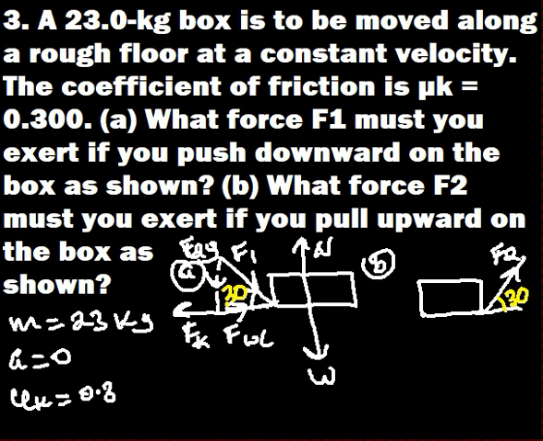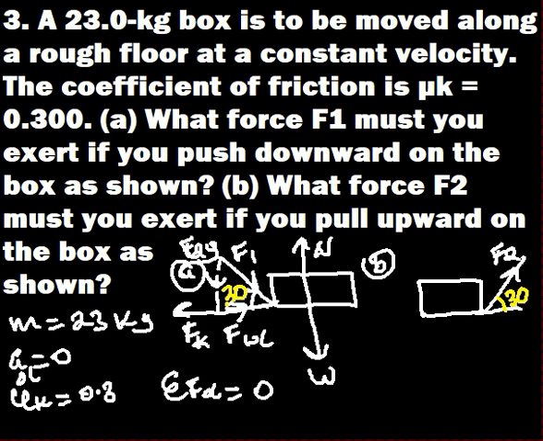Now since the motion is along the x-axis, the summation of the forces along x are the ones responsible for the motion. And since it is moving at constant speed, the acceleration is zero. Hence the summation of the forces along x adds up to 0, since acceleration ax is 0. And what are the forces along x?